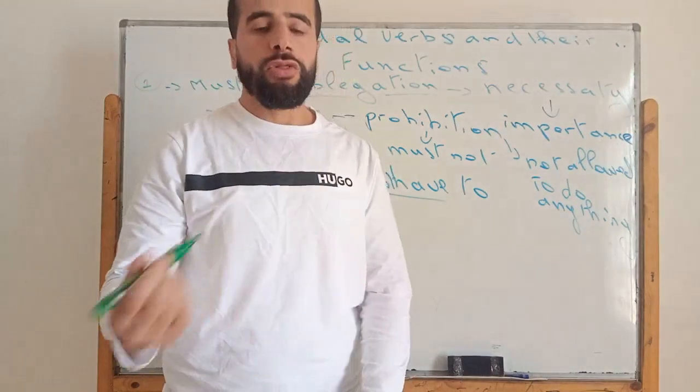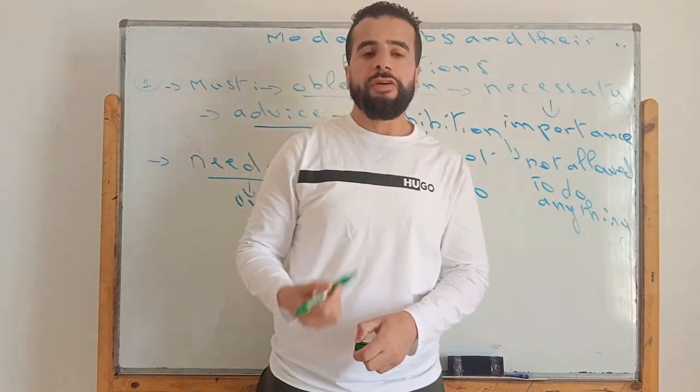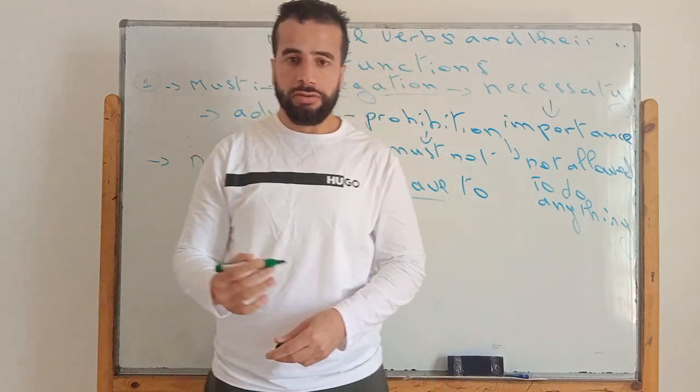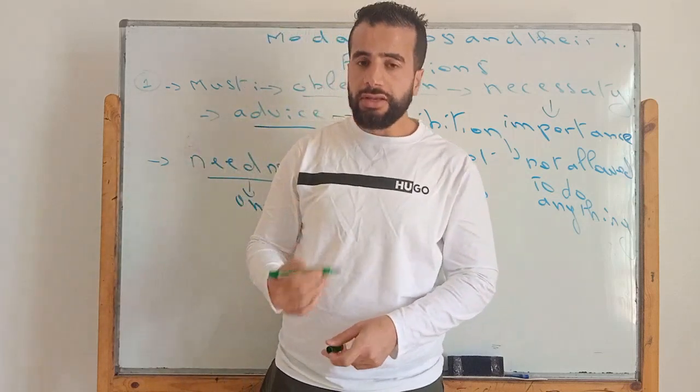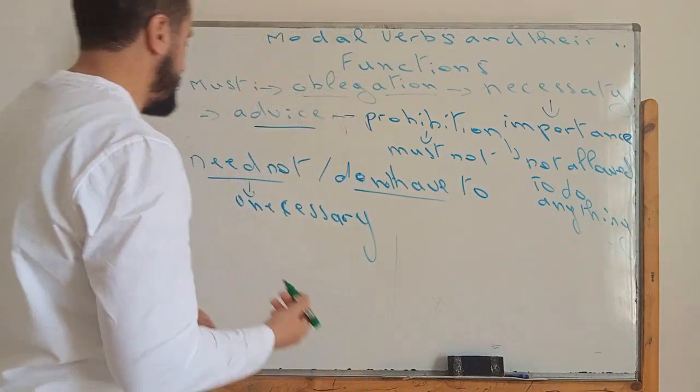It hints for the recipient that this thing is not the first priority. You have the choice. You can do it or not. Okay? It depends. All right? Based on your own schedule, if I can say that.